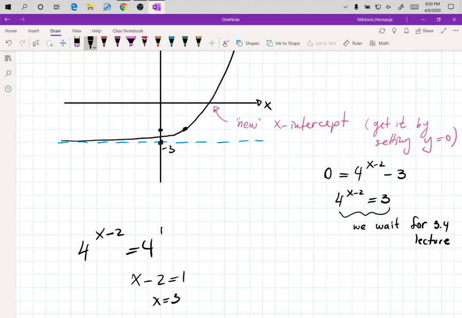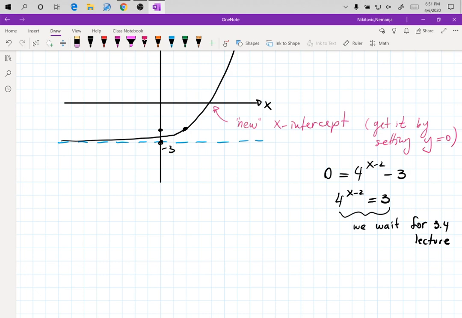It's very simple. But again, we don't have a 4 over here, we have a 3, so we can't do this. We have different bases, so we have to deal with that using 3.4. So we'll wait. But for some simple cases, you can definitely do it by hand. And maybe some of you already know how to punch these in a calculator and get the value without worrying too much.